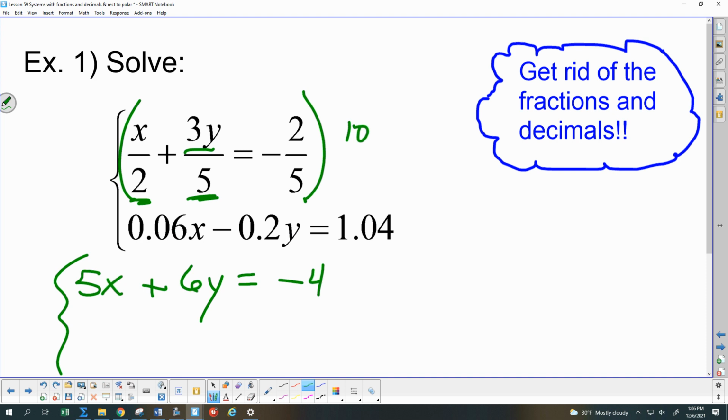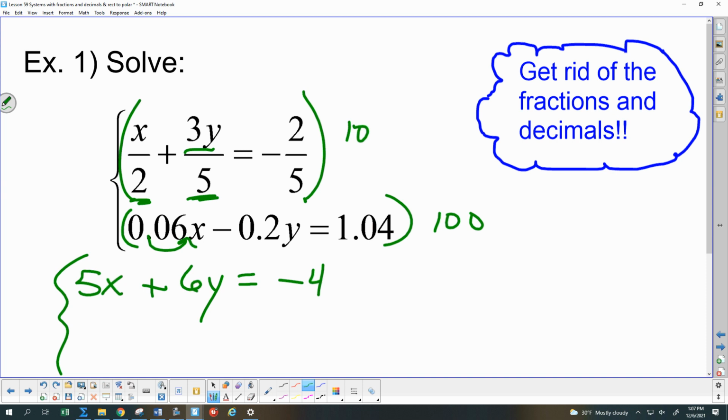To clear decimals, we multiply by powers of 10, or we move all the decimals the same number of places. So how many places, Dave, do I need to move my decimals on that second one? For the second equation, the decimal equation, how many decimal places do I need to move all those decimals? Need to move everything 2 places, because that's the most decimal places that I see, which means I'm multiplying this one by 100 to do that.